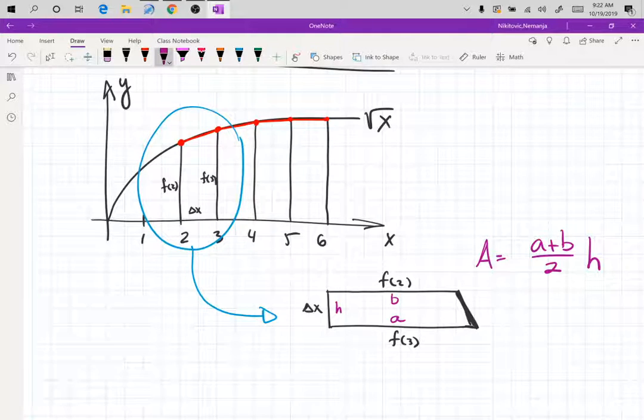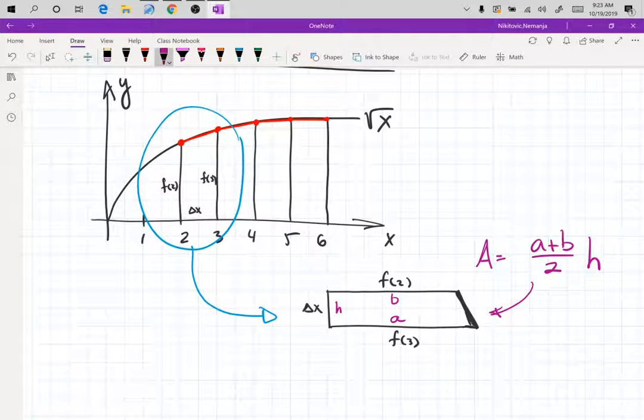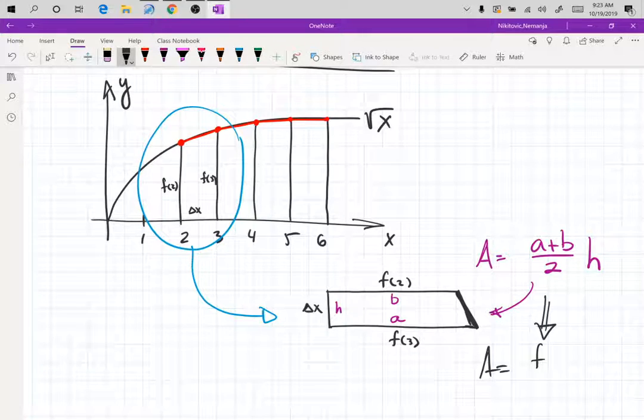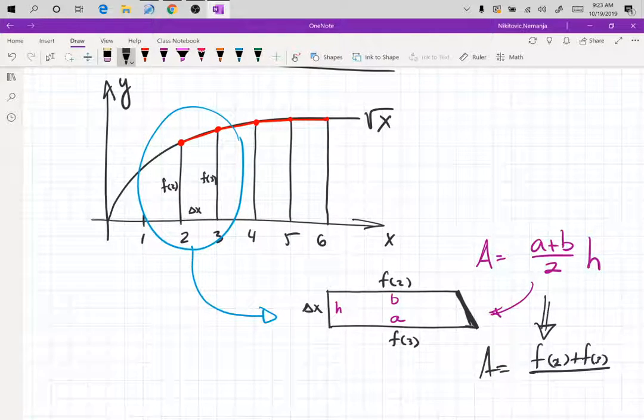So that's the area for the trapezoid. Now, if we translate that into our language, the area of this one trapezoid would be f of 2 plus f of 3 divided by 2 times delta x, because those are the values we are using in this case.